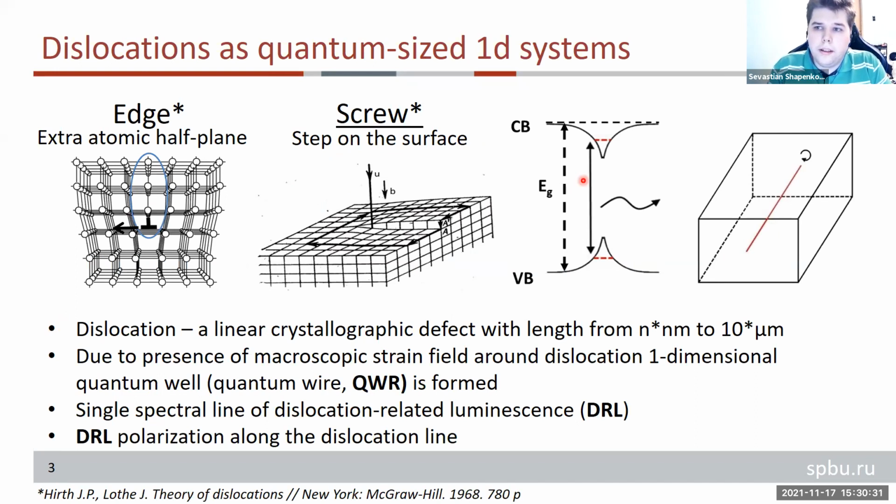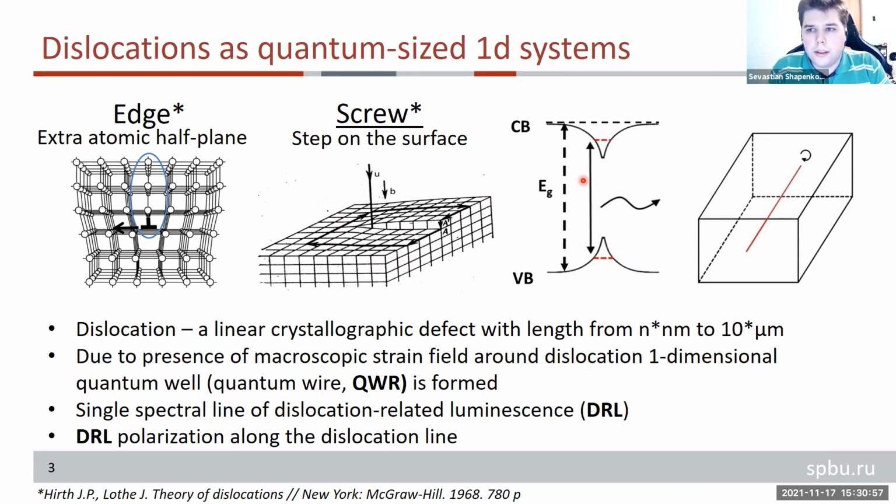Dislocations are linear defects in crystal structure, which exceed unit cell parameters by many orders. They can be up to tens of microns. And along their lines exists a strain field, which becomes macroscopic.